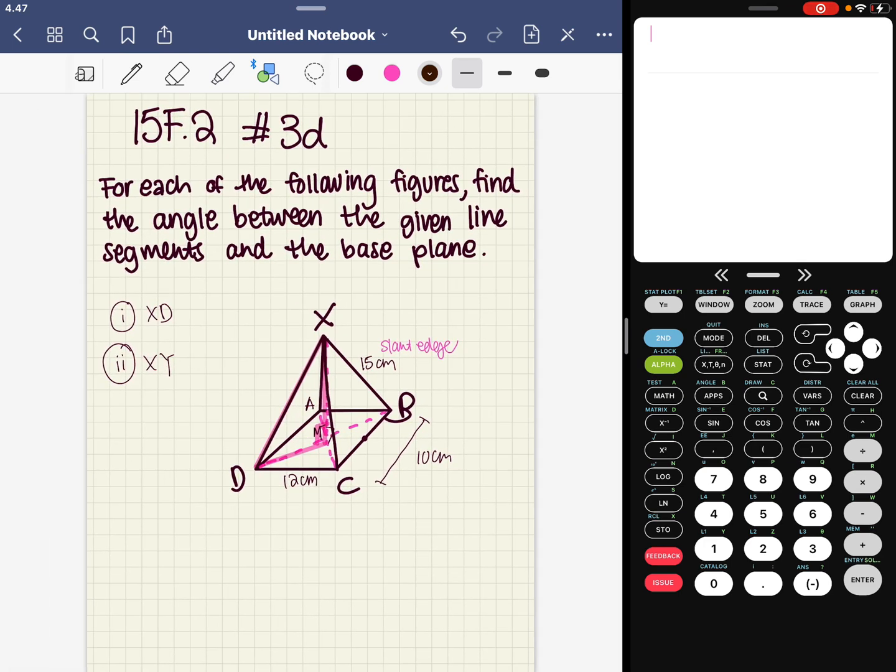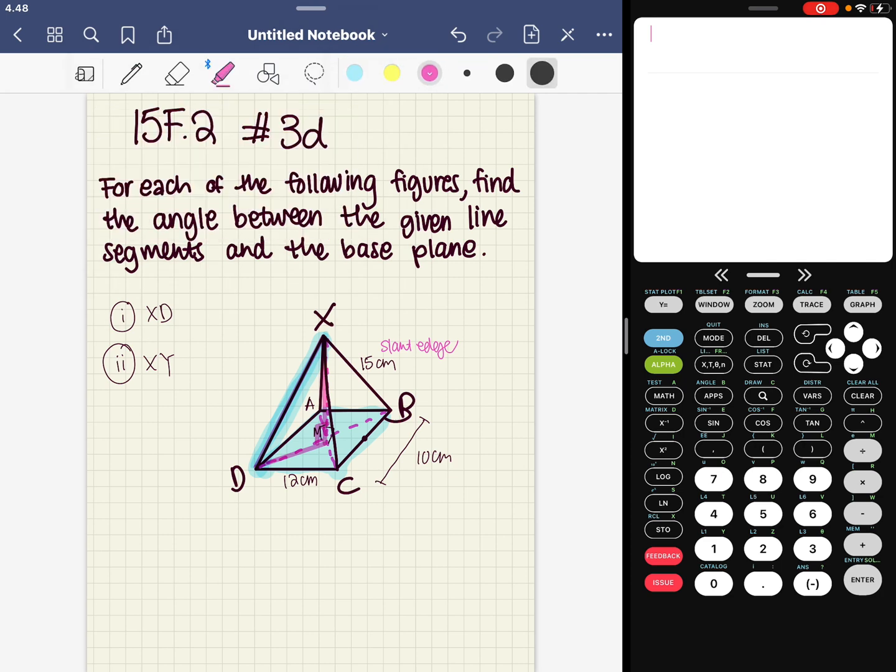Okay, so this one is saying, if you have segment XD, what is the angle that the segment XD makes when it meets the plane ABCD? So they're pretty much asking what is that angle.